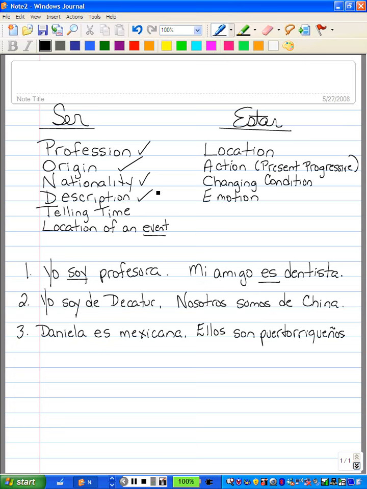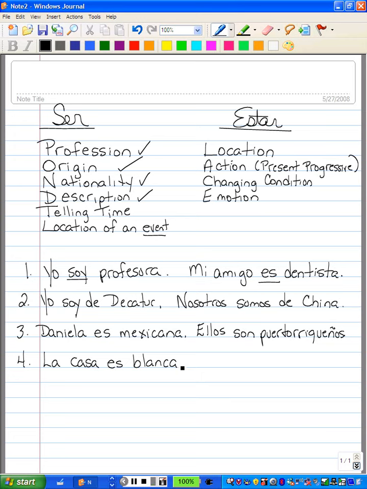In number 4, a description. A description would be describing anything. You can describe people's physical characteristics. You could describe items, physical characteristics, etc. You could say la casa, the house, es blanca, it's white. That's a description.